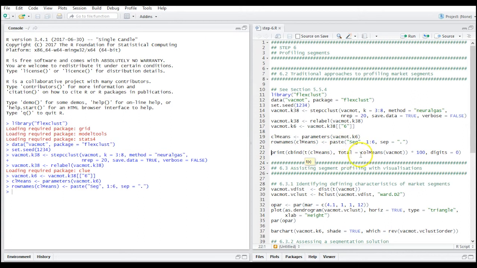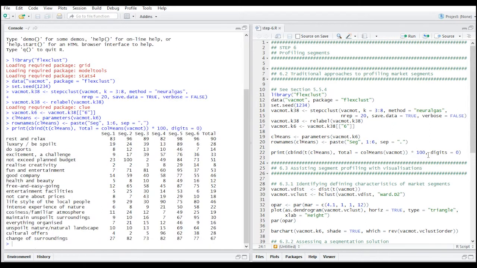The column called total will contain the average agreement levels over all respondents. This will now be a matrix which has 20 rows, the 20 variables we have in our segmentation base, and 7 columns for the 6 segments and the total population. This contains proportions. We are multiplying by 100 to get percentages.